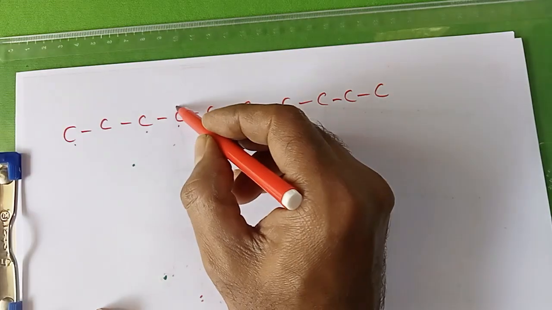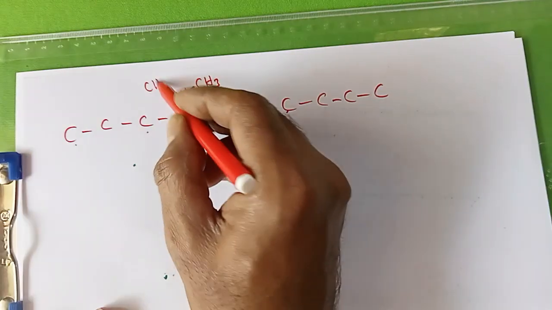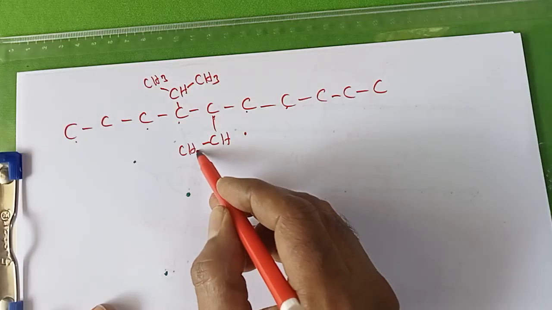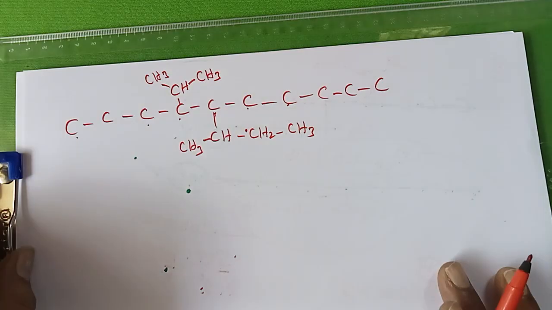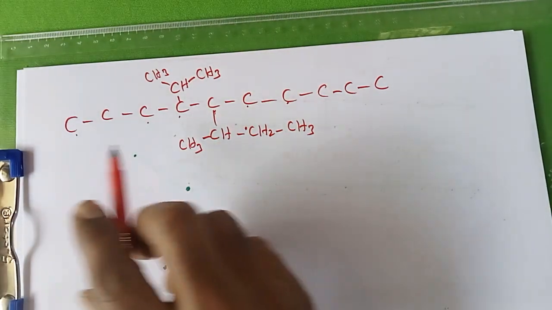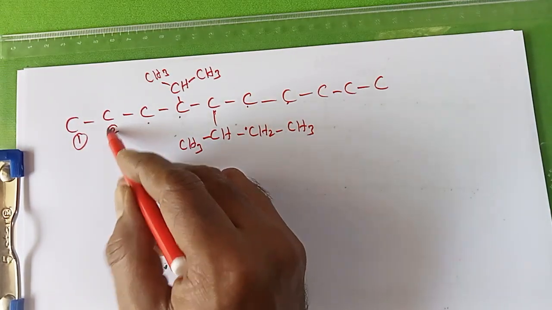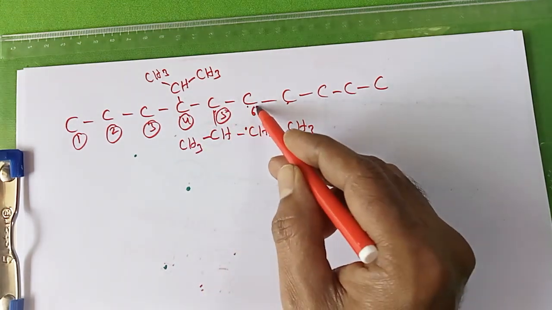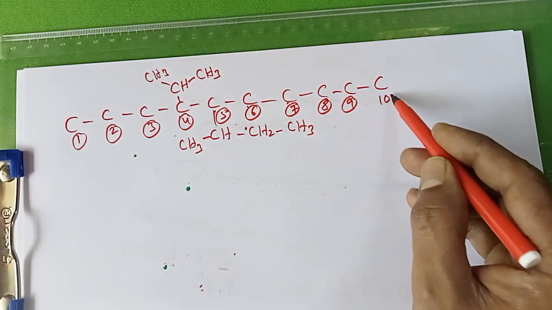This one here. This carbon is the isopropyl group. Next carbon, the secondary butyl group. CH3, again CH2, CH3. Now see that, in numbering, this side numbering is correct.